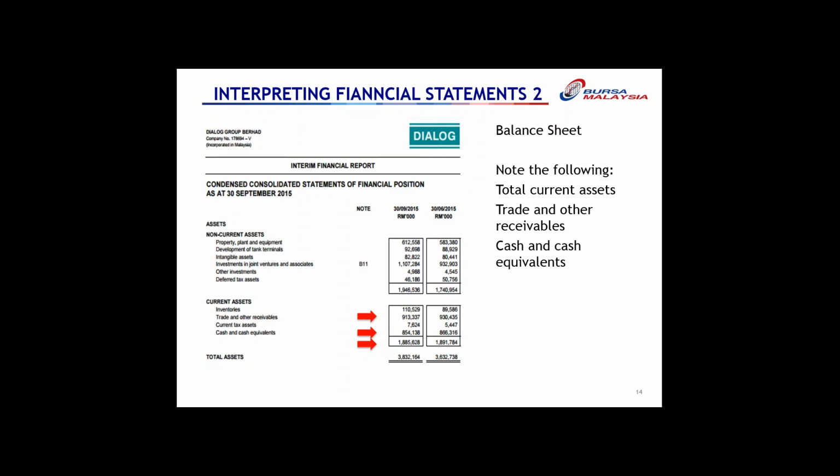Then there is the current asset, as in cash and cash equivalent. Here again you see that there's not much of a difference. It's just only about 12 million or so.